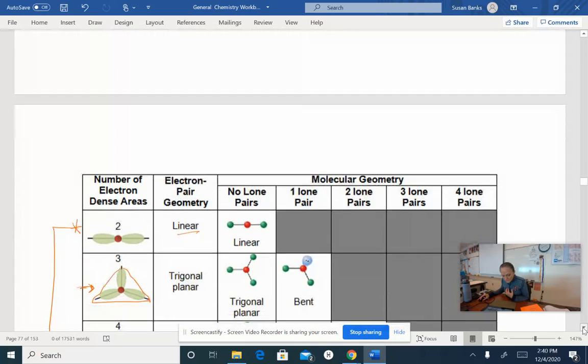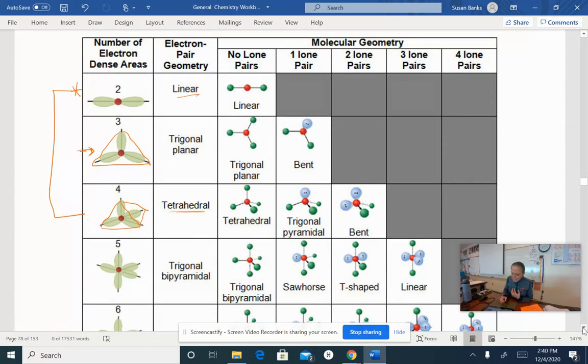If I scroll down to this chart, I indeed have a tetrahedral shape, which will give me an electron geometry of tetrahedral. But on the molecular geometry, I have to pay attention to how many lone pairs I have. I said I had 1 lone pair. So if I have 1 lone pair, I am going to have a trigonal pyramidal shape.